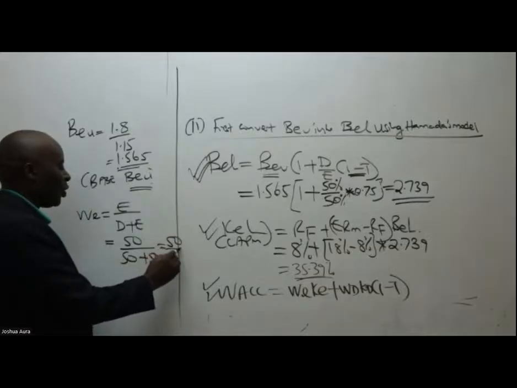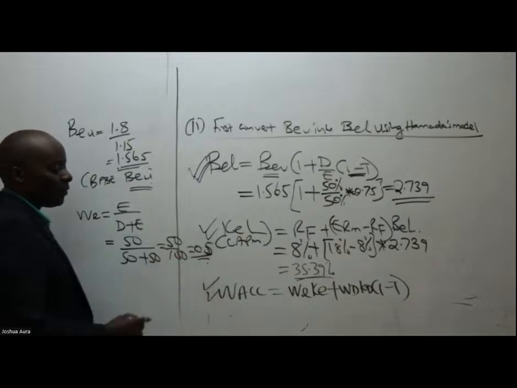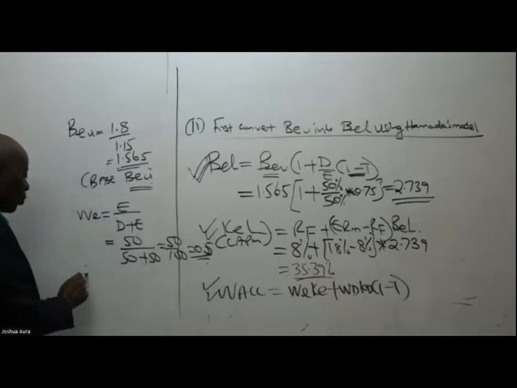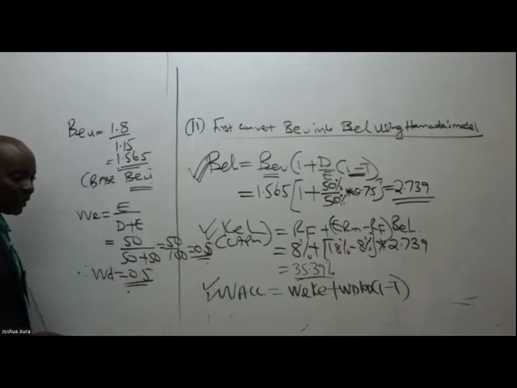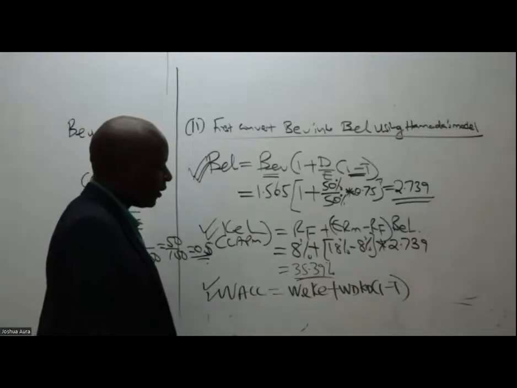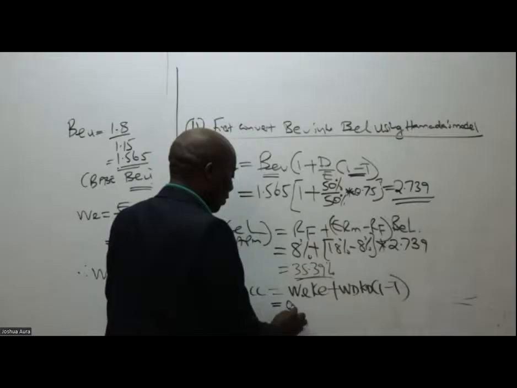This will be 50 over 100, which is 0.5. And the moment I've gotten the weight of equity, the weight of debt will also be 0.5. Thank you so much. So the weight of equity, ladies and gentlemen, here is 0.5.